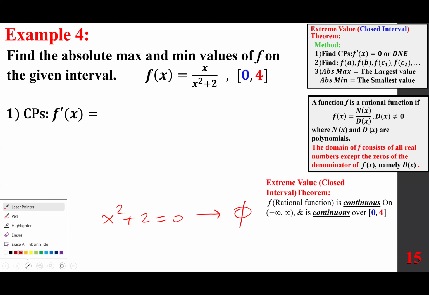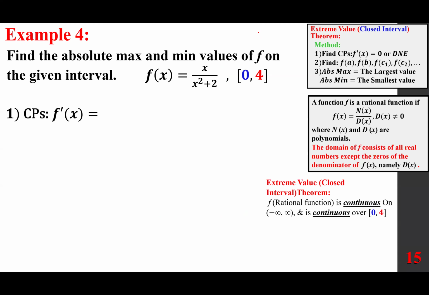We are going to use the quotient rule for f over g: f prime g minus g prime f over g squared.